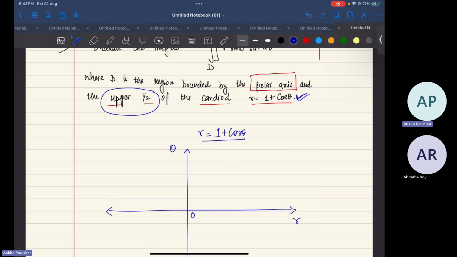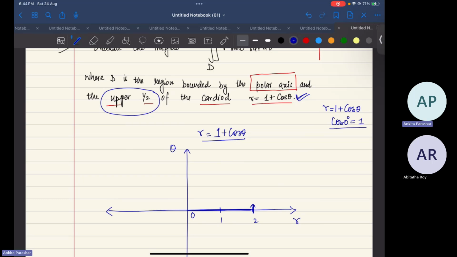You start by writing theta equal to 0. r equals 1 plus cos theta. For theta equal to 0, what is its value? Is it 1 or 2? Yes, 2, since cos 0 is 1. So the value is 2 here, and the graph starts from here.